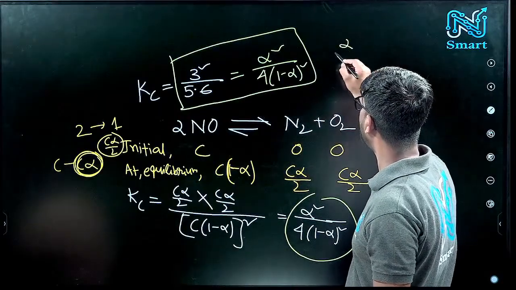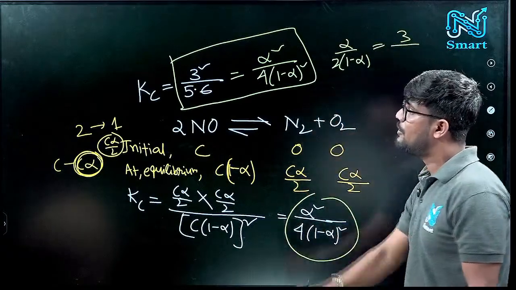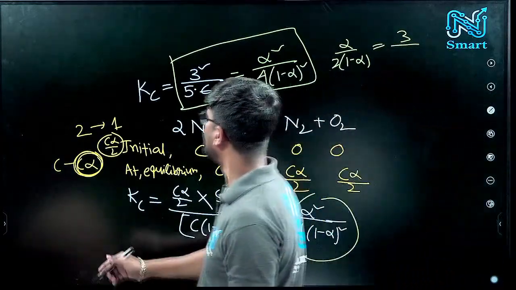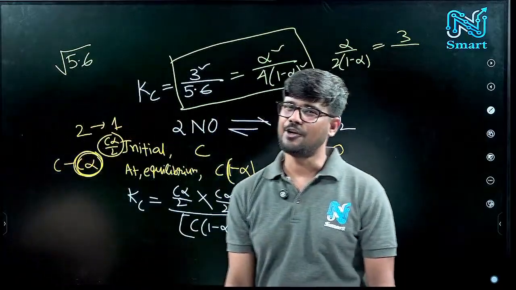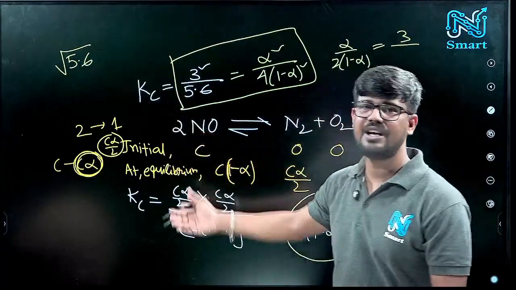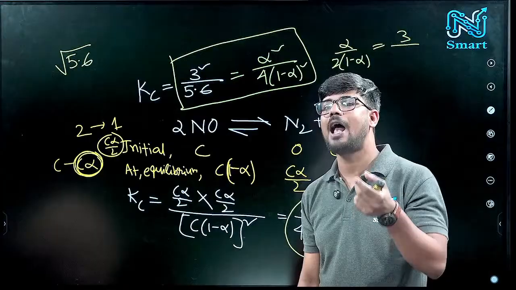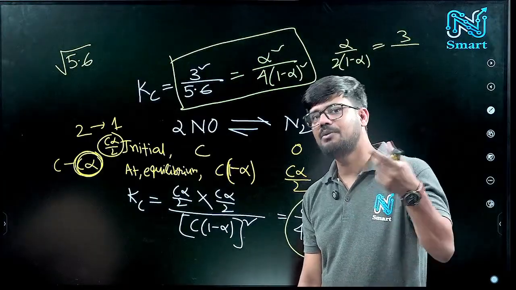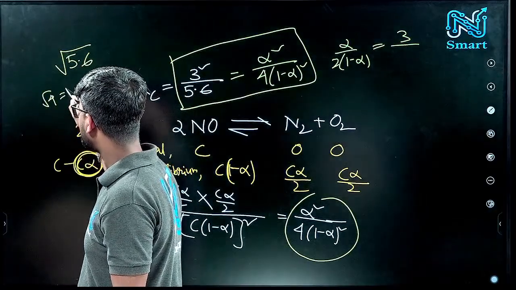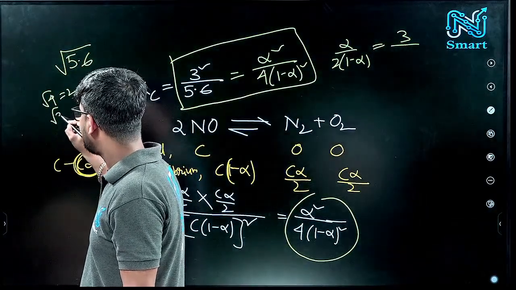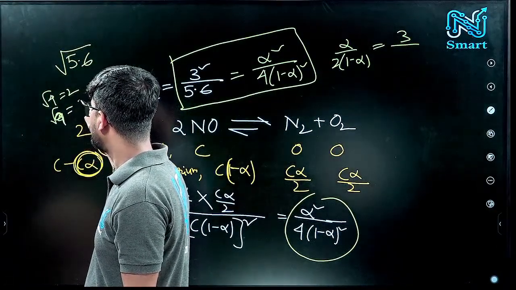So we can write alpha by 2 into 1 minus alpha will be equal to 3 by root 5.6. What value will you get for root 5.6? It seems like a very difficult thing, right? But in the NEET exam, mostly if you use the approximation method, you will get the answer. Why am I saying this? Root 4 gives you 2, root 9 gives you 3.